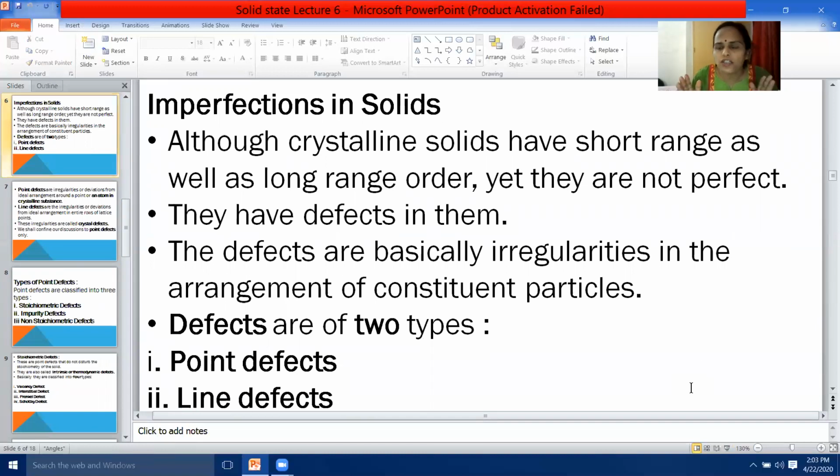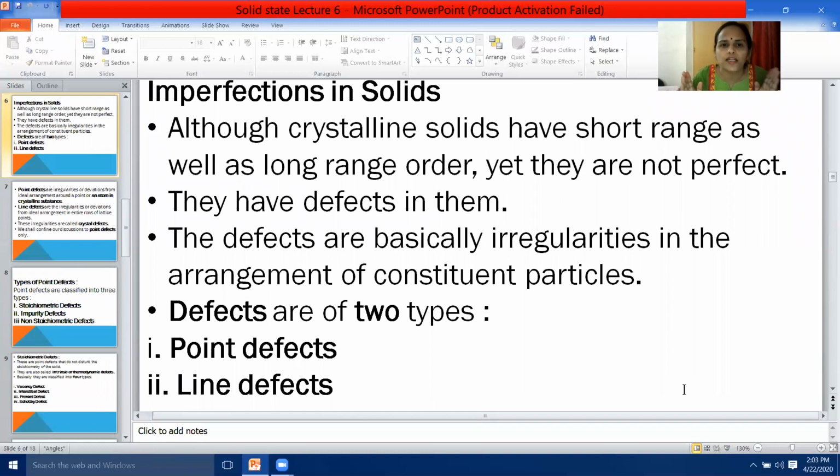Although crystalline solids have both short range as well as long range order, they are not perfect, which means they have defects in them. Imperfections are irregularities in the arrangement of constituent particles.